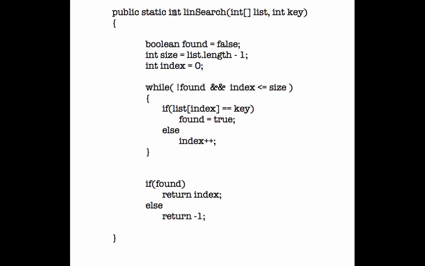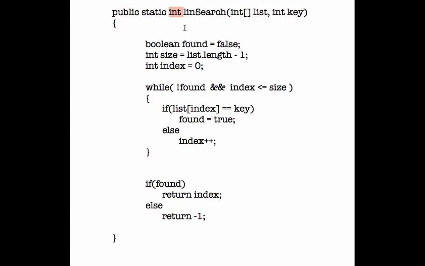This is why the type of this method is not Boolean, as most people would expect. Most people will expect this to be true or false, saying, yes, the element is found, the element was not found. But if you think about it, this is not very useful. If it's found, where is it? You want to perhaps modify it. Maybe you want to delete it. Maybe you want to print it out. So to do all those operations, you need to know the exact location. In other words, you need to know the index of the value that is a match. So returning a Boolean is not very useful.